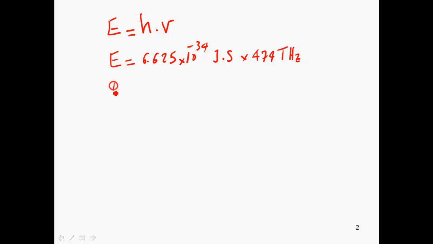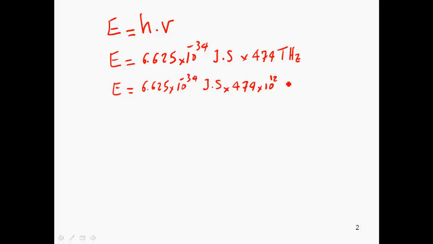Okay. Now, we do the calculations here. Let me just write the numbers. 6.625 times 10 to the negative 34 joules seconds times 474 times 10 to the 12.